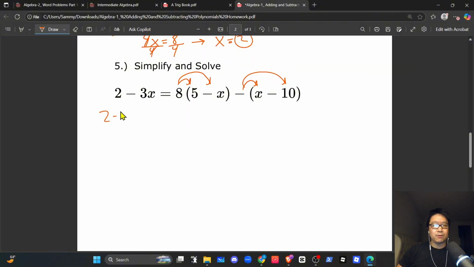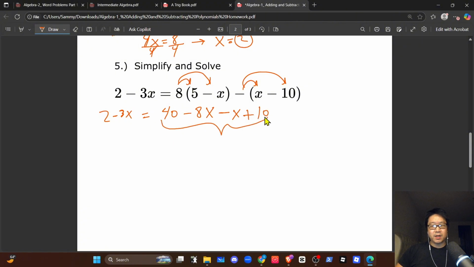The left side we can just leave as it is. And on the right side, we're going to get 8 times 5, which is 40, negative 8x, because 8 times negative x gives us negative 8x. When we distribute the negative, we get negative x and positive 10.